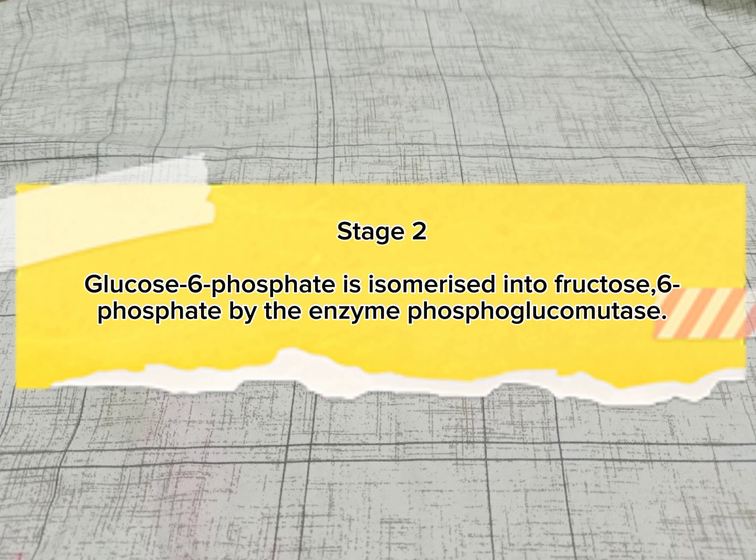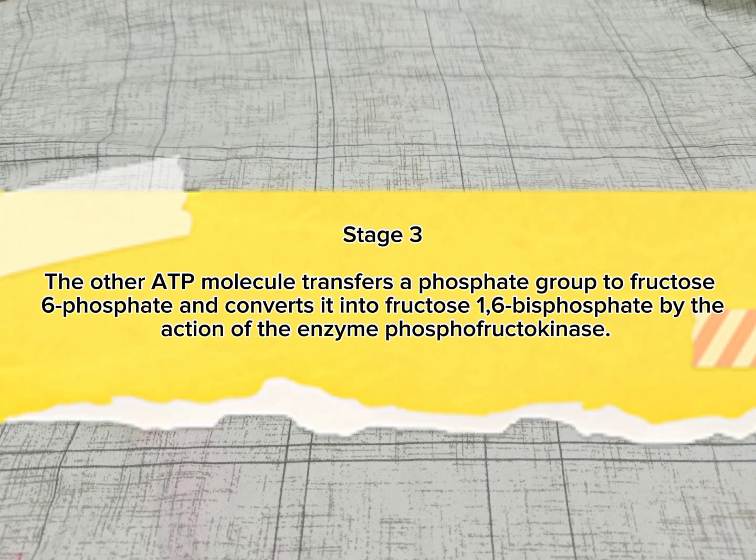Glucose 6-phosphate is isomerized into fructose 6-phosphate by the enzyme phosphoglucomutase.